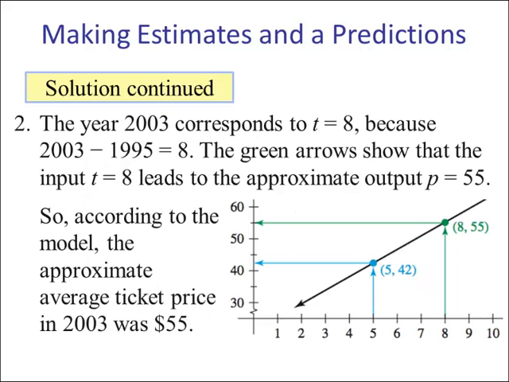Number 2, the year 2003 corresponds to T equals 8, because 8 years after 1995 is 2003. So if we go to the green, when T is 8, we have a predicted P of 55. So we would interpret this as, according to the model, the approximate average ticket price in 2003 was $55.